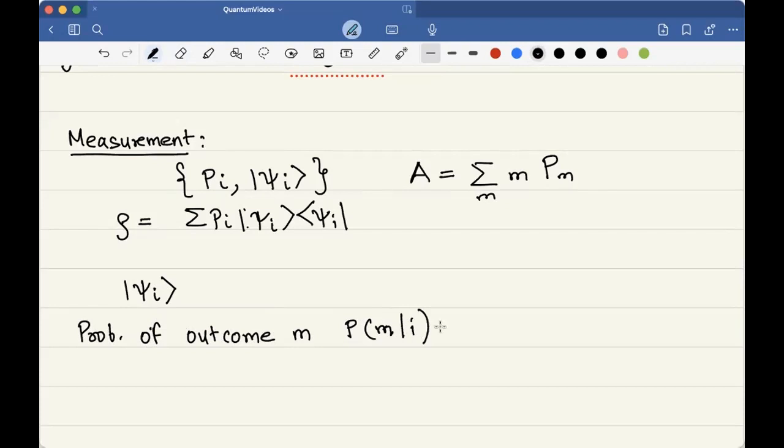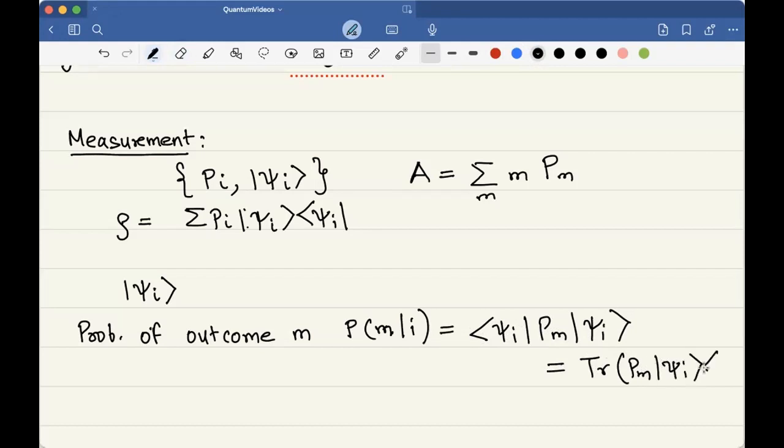We know from our measurement theory of pure states that this is going to be bra psi_i P_m psi_i, which in fact is equal to the trace of P_m ket psi_i bra psi_i.